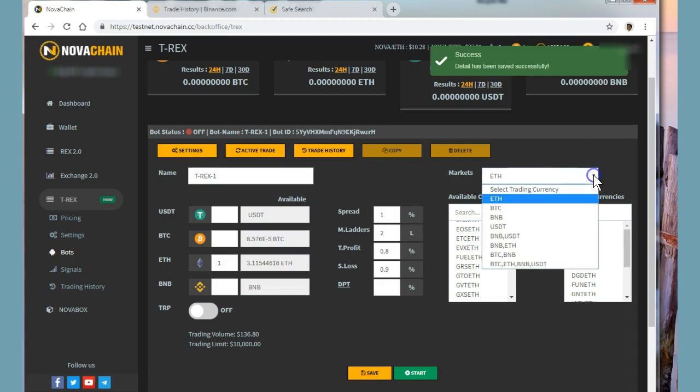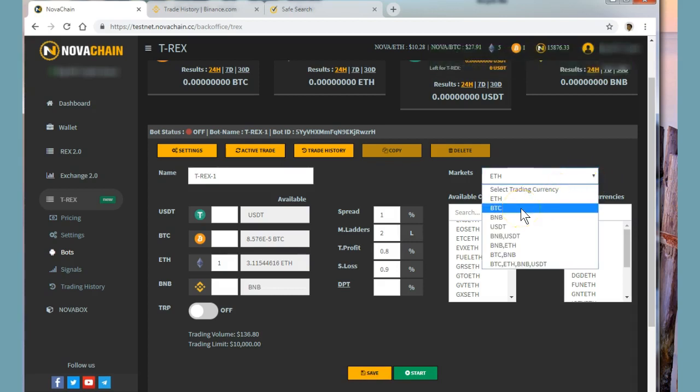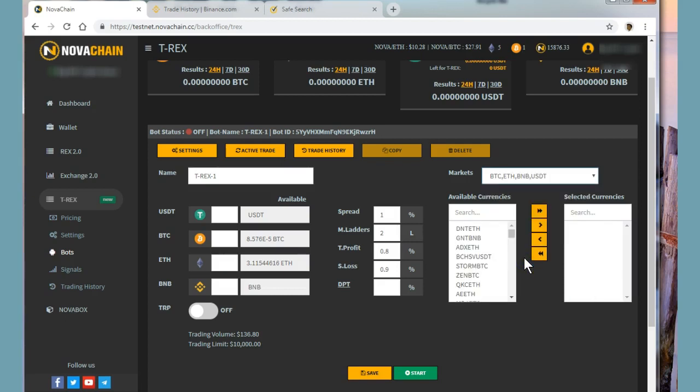Let me see if it'll let me do this, because I don't have any BTC in Binance. All I have is the 3 ETH that I put over there. But let's just see for giggles what it does.